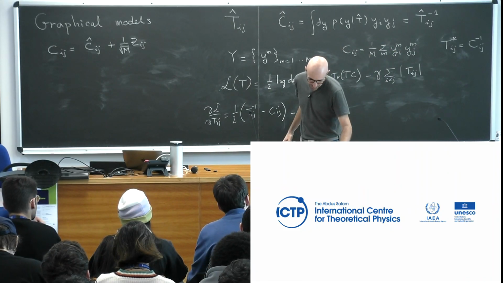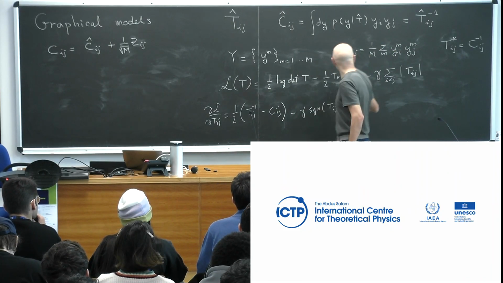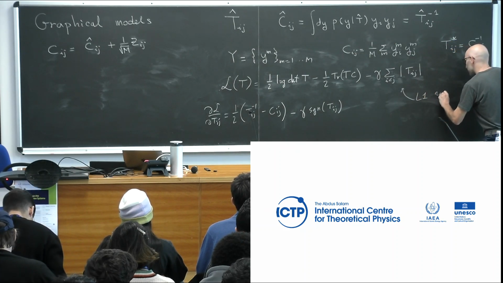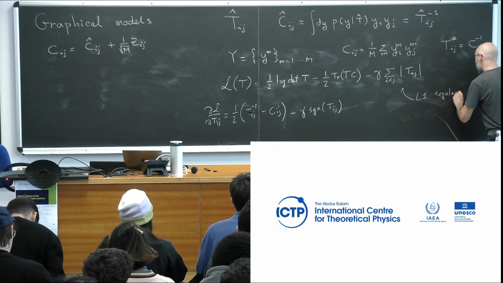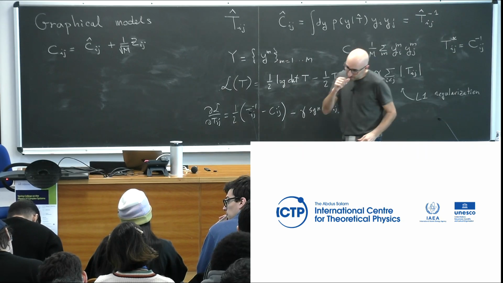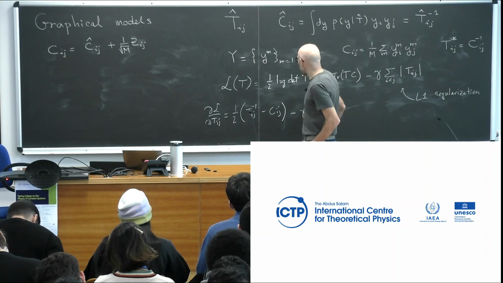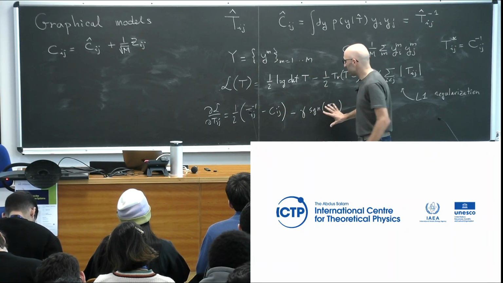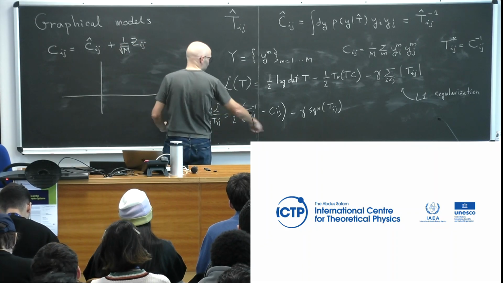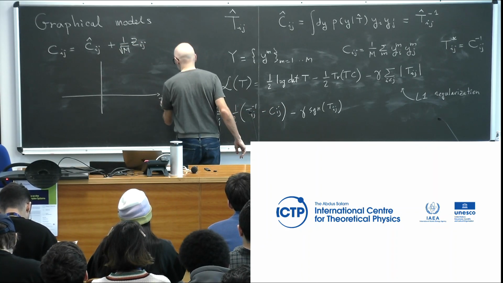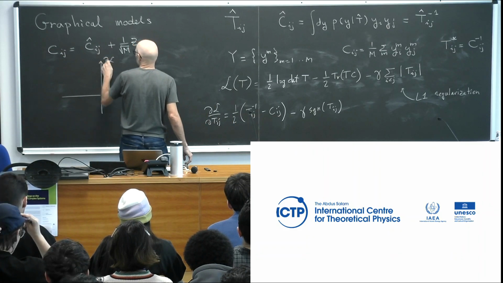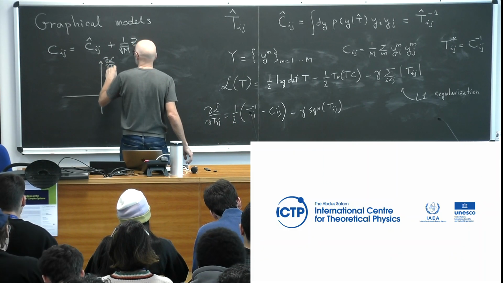So let's see what happens if you put this L1 regularization. What happens to the matrix elements? This derivative has this form if you look at it as a function of T_ij; here I put dL over dT_ij.